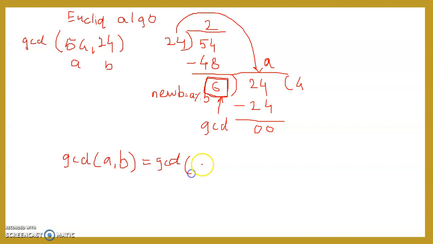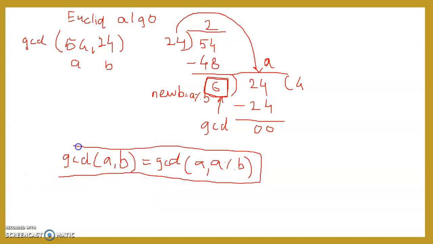GCD of B comma A mod B, right? Now just remember, this is the logic, this is the formula to calculate the GCD, and that too using recursion. You are going to use recursion over here.